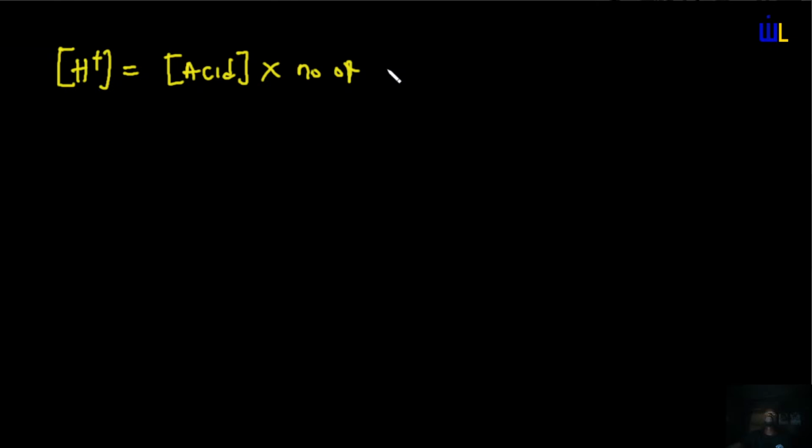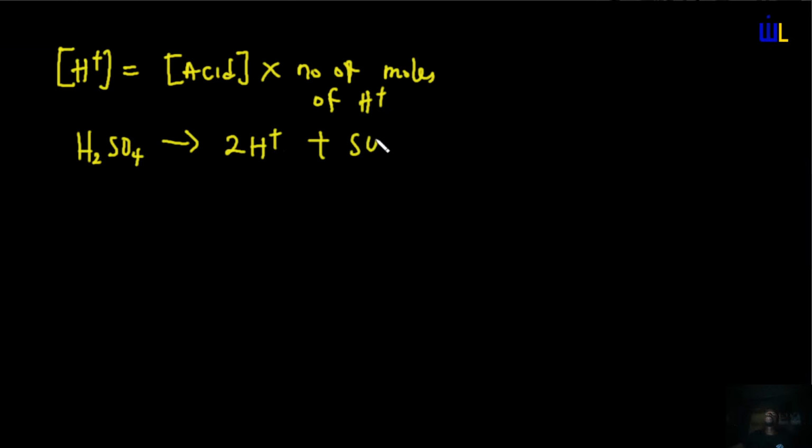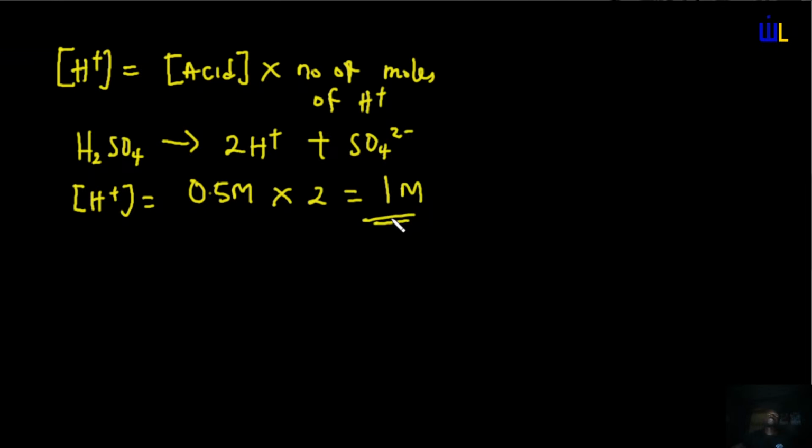Now, if we have a dissociation process, it gives us 2H plus and SO4 2 minus. Hence, the concentration of hydrogen ion is the concentration of the acid, given as 0.5 molarity, multiplied by the number of moles of hydrogen ion, which is 2. So we have 1 molarity.